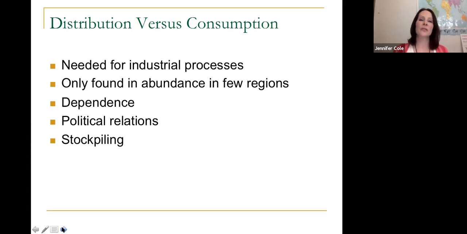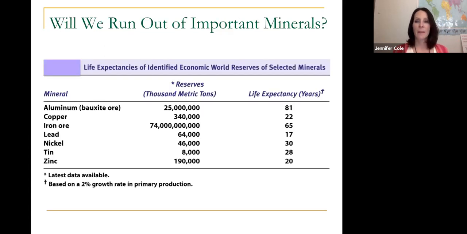It also leads to stockpiling for the future, because there are different reserves, and these reserves are always being refined. It's tough, because they ask geologists, how much of this is left? Well, we don't know. We've identified some resources. Surely there are more out there. So this is a guess.